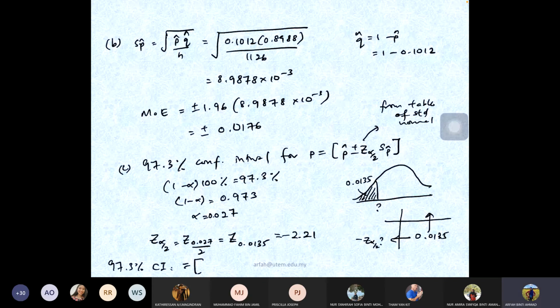Okay. P hat tadi berapa? 0.1012 plus minus negatif 2.21 darabkan dalam 8.9878 darab 10 negatif 3.